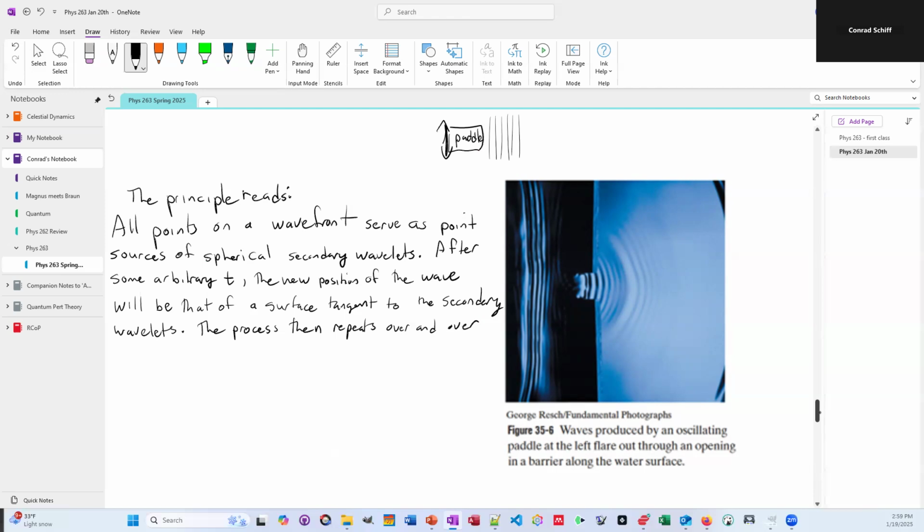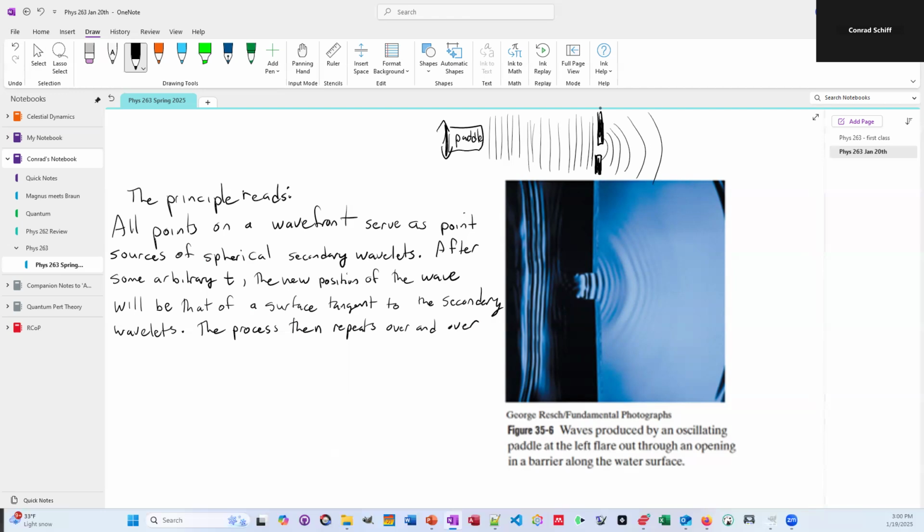And then right here, there's a solid wall with only a small opening. And so these straight parallel waves hit the beach, as it were, break against the barrier, and what's produced is these spherical waves out the other side, or cylindrical in the case of water, because there's a flat surface where the water meets the air.